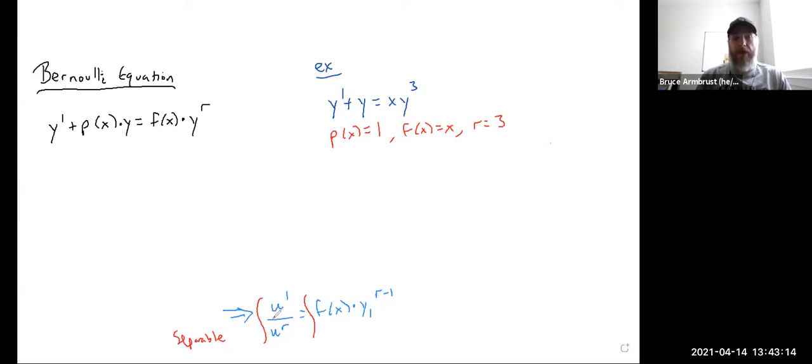I'm going to start building this for our separable. So here's what we're going to have: the integral of u prime over u cubed equals the integral of x times something to the r minus, oh shoot, we already know what r is. r is 3, so it's going to be something squared.